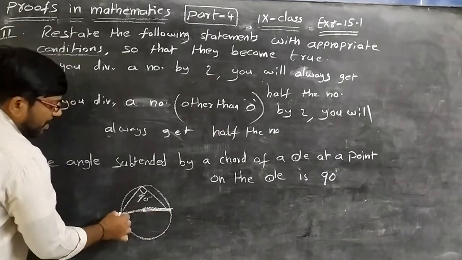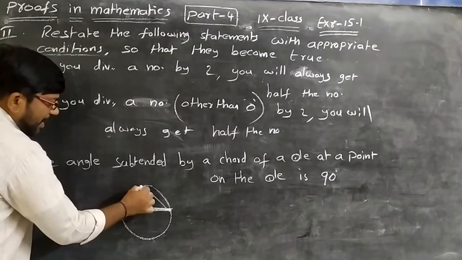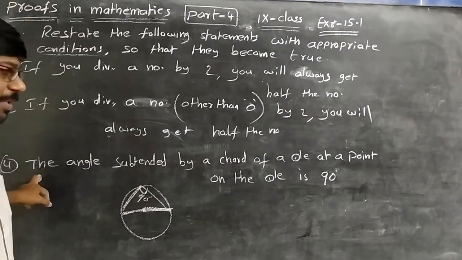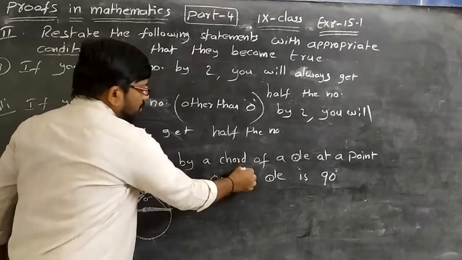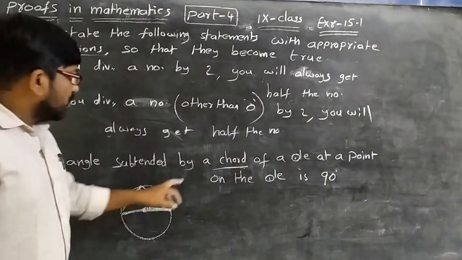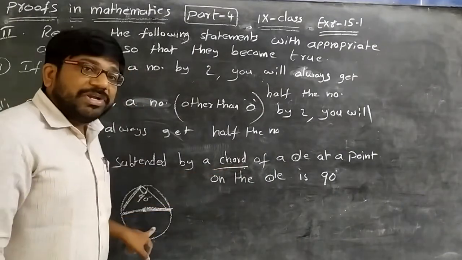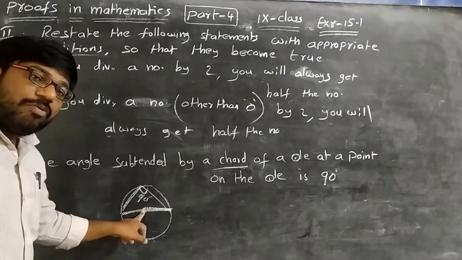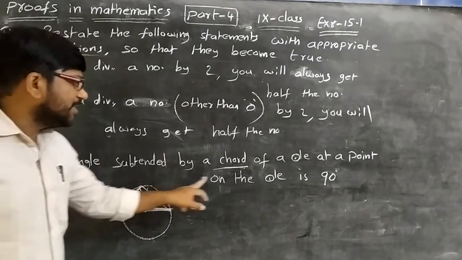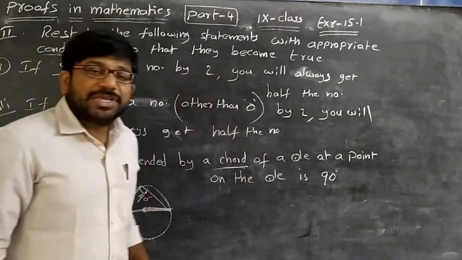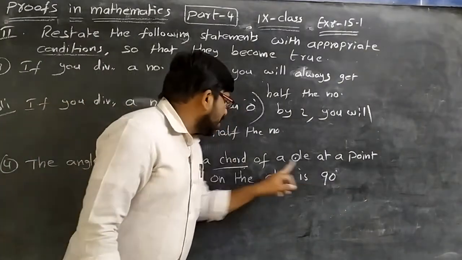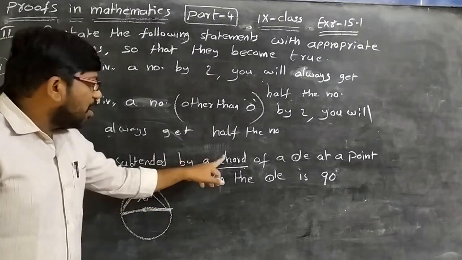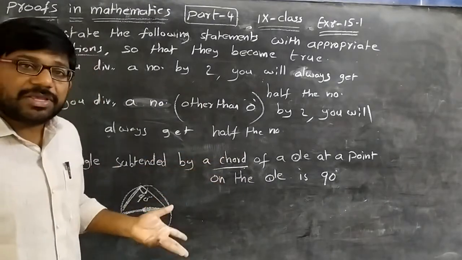Here the diameter subtended angle at any point on the circle is 90 degrees. But in this statement the chord is given, but here we write diameter, right? So only the angle subtended by the diameter on the circle is 90 degrees. So only a diameter makes 90 degrees. So how should we set this? We should put diameter in place of chord, that's all.